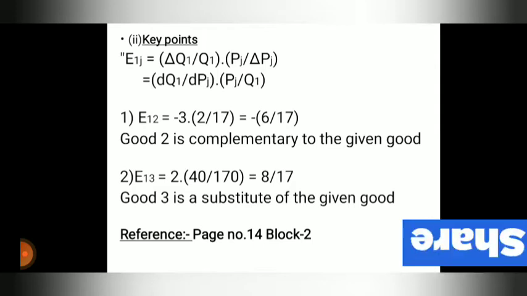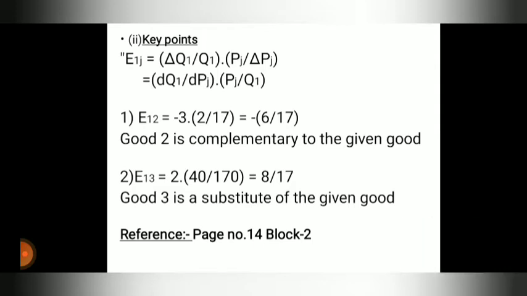Then the second sub question asks us to compute various cross price elasticities. First of all, here we are using the point elasticity method, so the coefficient of elasticity will be equal to dq1 by dpj into pj by q1.